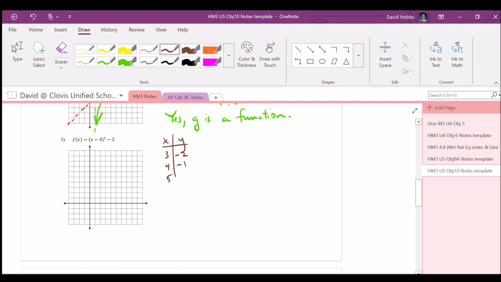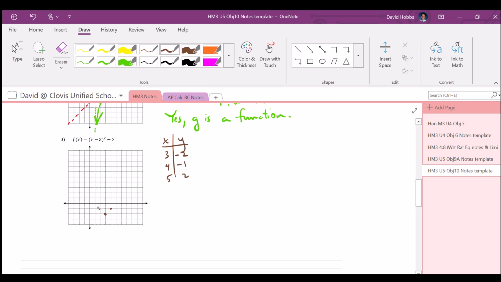So if I go 2 points to the side, 5 minus 3 is 2 squared is 4, minus 2 is 2. So 3, negative 2, okay, 4, negative 1. But remember, parabolas are symmetric about their axis of symmetry. In other words, symmetric about that vertex.